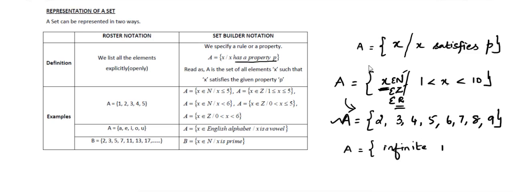It will be an infinite set in case I am representing x belongs to R. See, x belongs to R means real numbers. Could you say what is the number next to 1 in real numbers? If you take a number line, you people know the number lines, right? Minus infinity, 0 and infinity. This is the positive region and this is the negative region, and they are telling you 1 to 10.